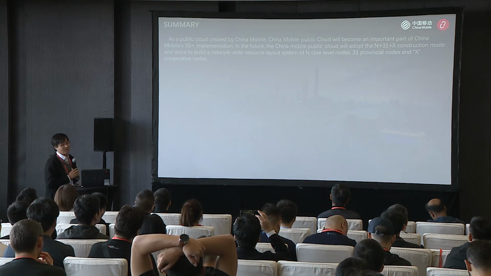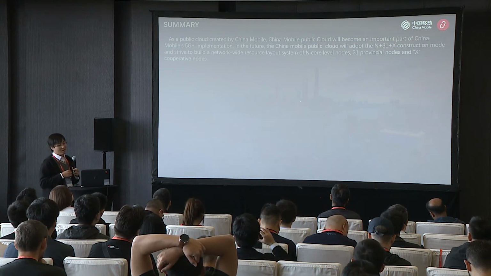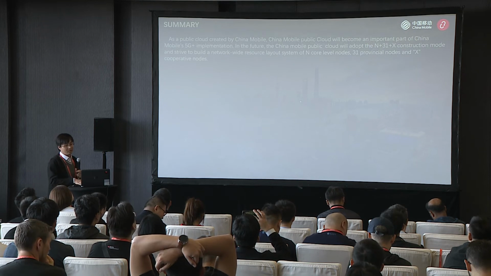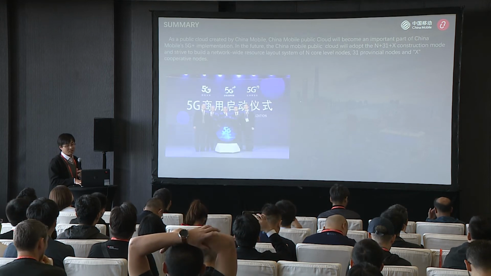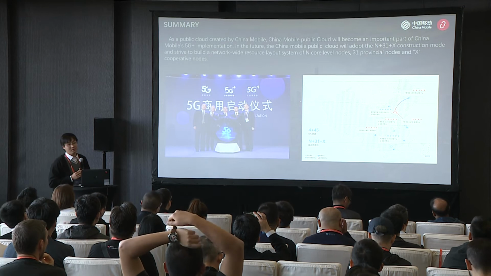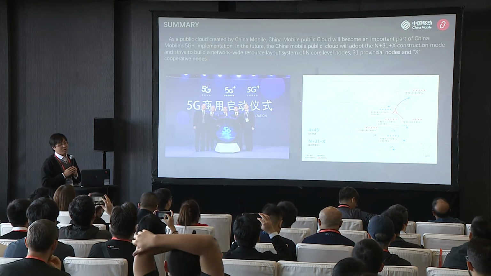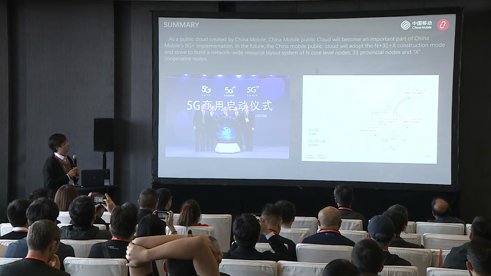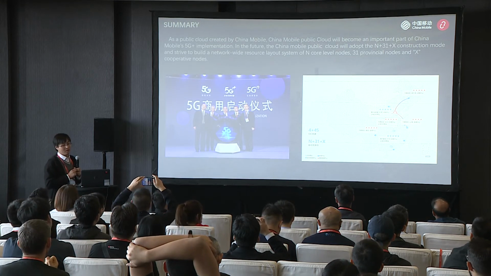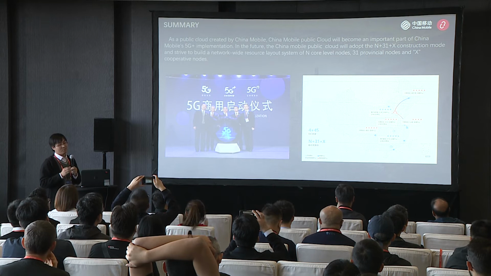At last, let me introduce the plan of China Mobile Public Cloud. As a public cloud created by China Mobile, it will become an important part of China Mobile's 5G+.